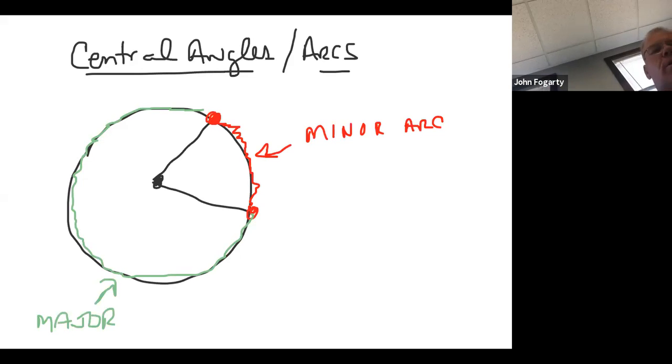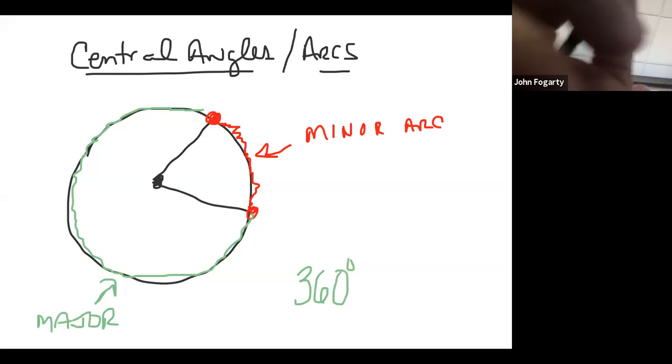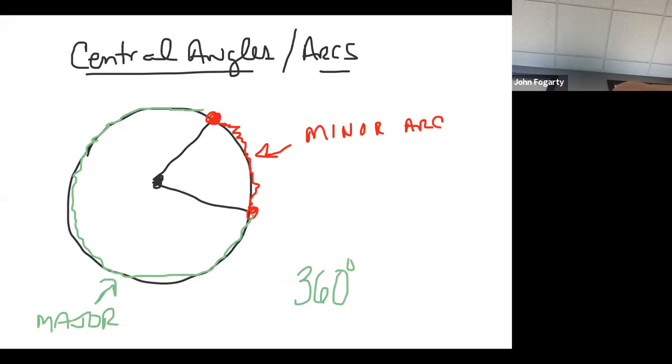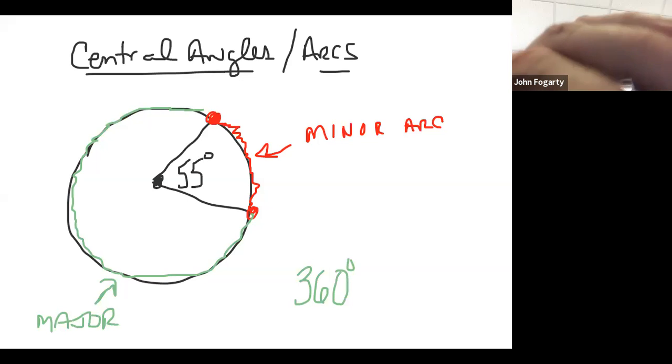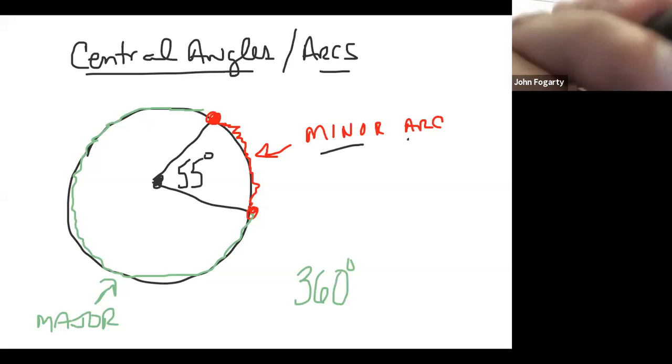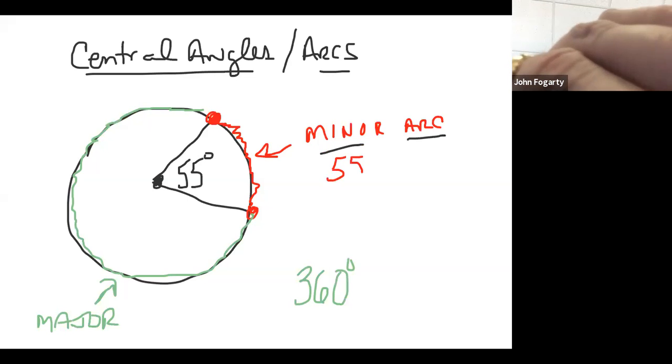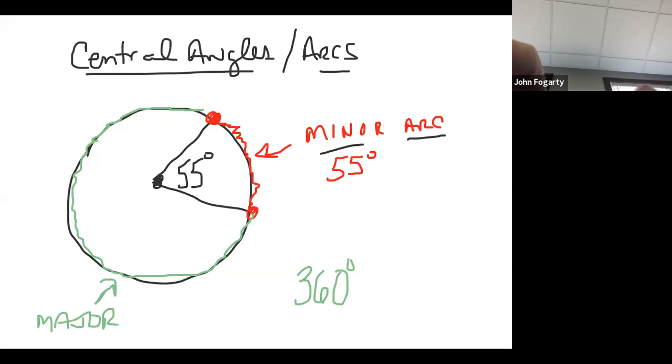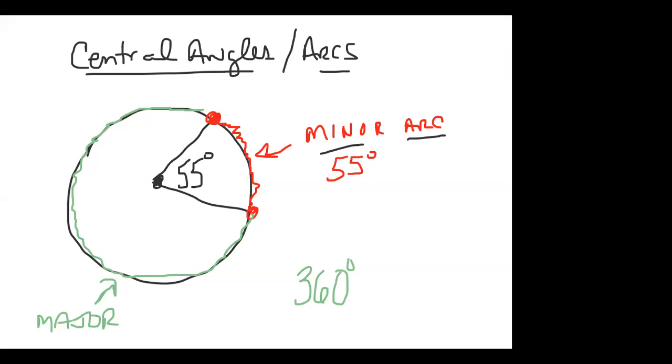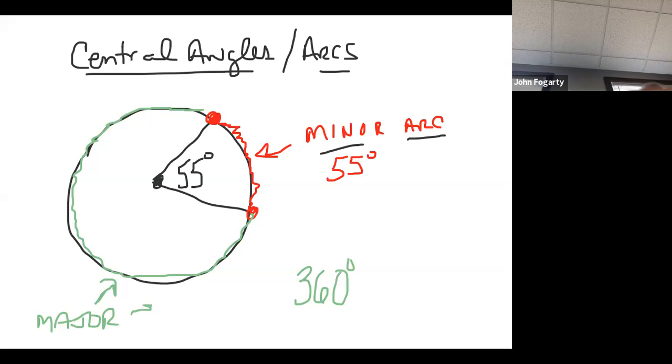And everything is based on a full circle being 360 degrees, right? So if I told you this central angle was 55, what's the measure of the minor arc? Well, it's the same as the central angle that cuts it. But if I asked you what's the measure of the major arc?